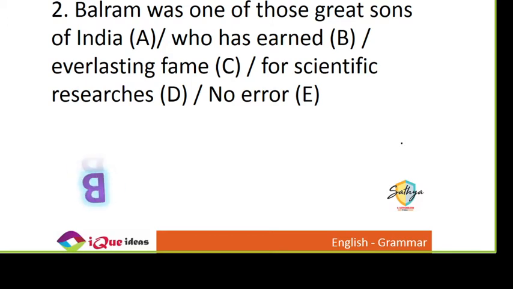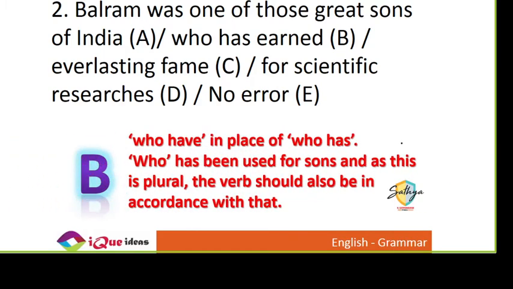So obviously the error is in part B, but the correction is who has should be replaced by who have. Balram was one of those great sons of India who have earned everlasting fame for scientific researches. So the error is in part B, but the correction is not who has, it should be who have earned. And scientific researches is absolutely correct.